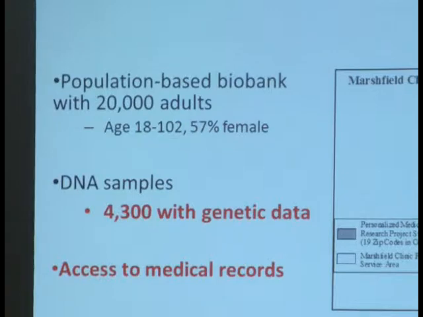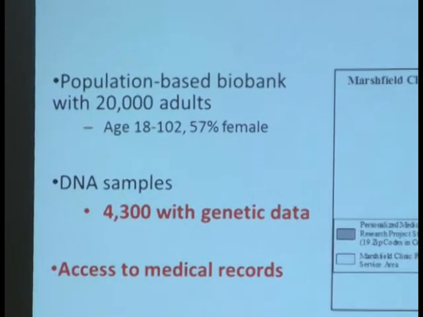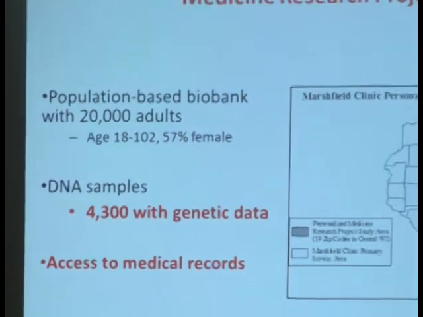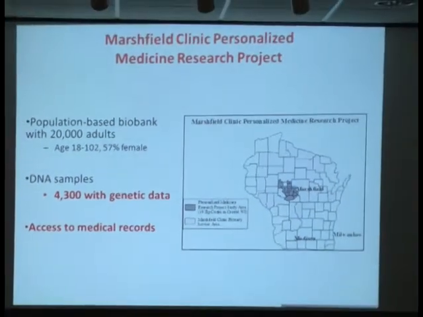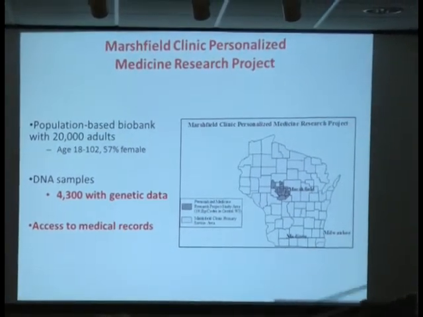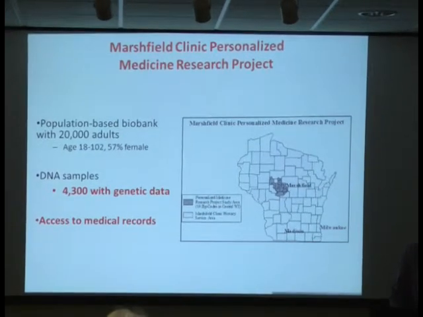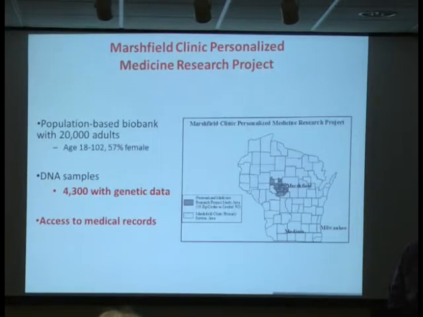But equally important with all our patients is that they're all linked to Marshfield Clinic's electronic medical record system. Now, Marshfield Clinic is unique for a variety of reasons besides being a decent-sized medical institution in the middle of nowhere. In the mid-'80s, we were one of the first institutions in the United States to develop and apply an electronic medical record system in their normal care.